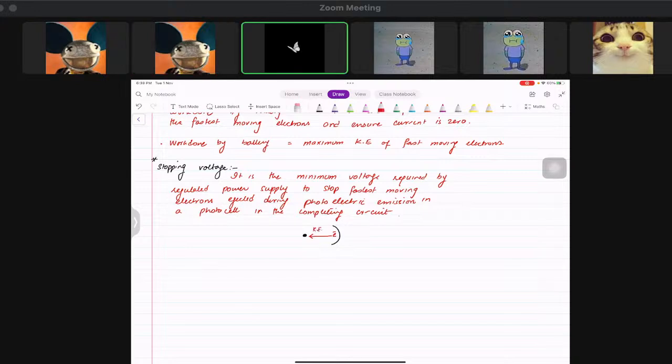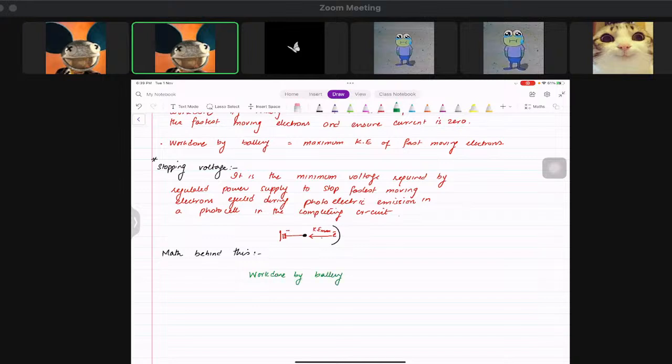Yes, sir. And the work that we're doing by the battery's negative terminal from here is such that we want to stop this. So if I write some math behind this, what I basically want is for the work done by the battery to completely overcome the maximum kinetic energy of electrons.